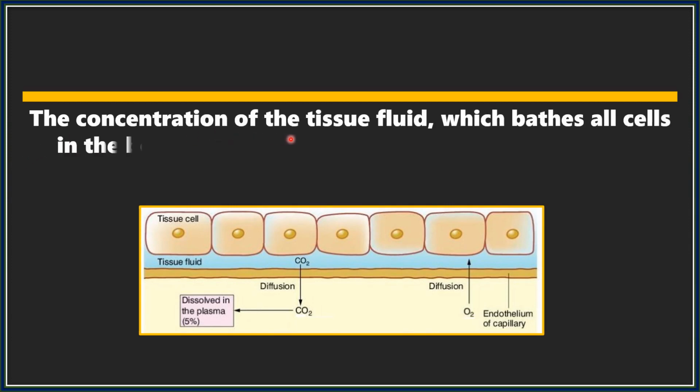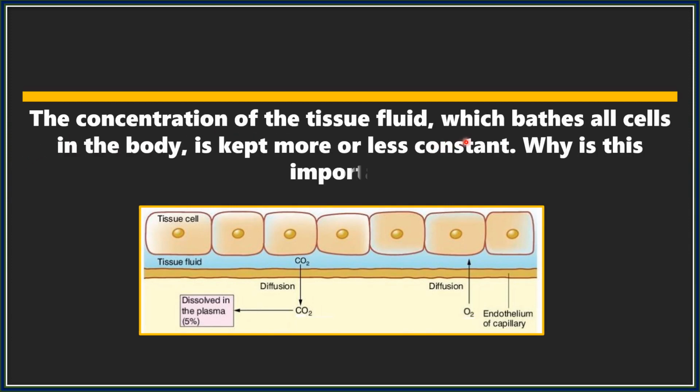The concentration of the tissue fluid which bathes all cells in the body is kept more or less constant. Why is this important? So we have the tissue fluid here, which surrounds all the cells. It is always kept more or less constant. And why is that important?